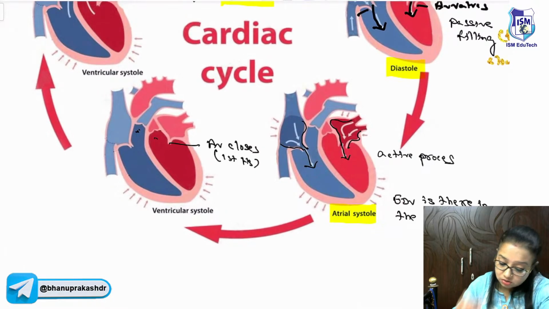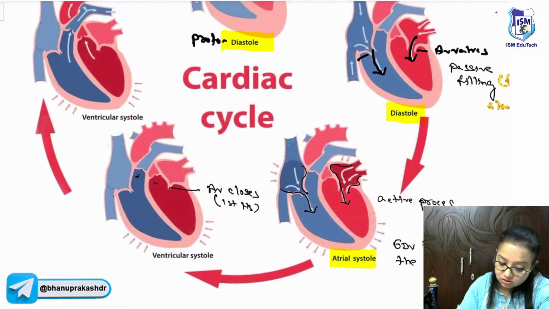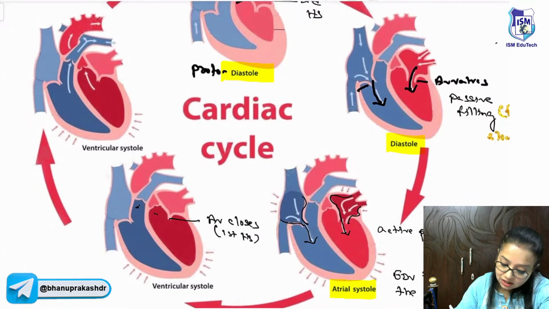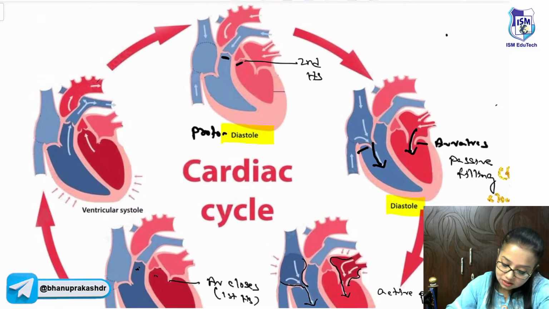This isovolumetric contraction causes an increase in the ventricular pressure and closes the AV valve. The contraction continues, and the pressure in the ventricle becomes so high that the left ventricle pressure becomes more than the aorta and the right ventricle pressure becomes more than the pulmonary artery. The pulmonary artery is the only artery that carries deoxygenated blood, right?